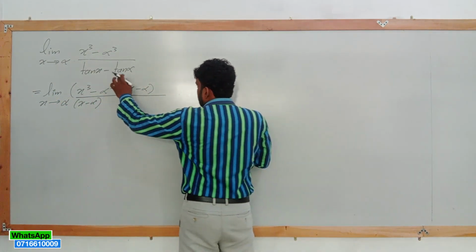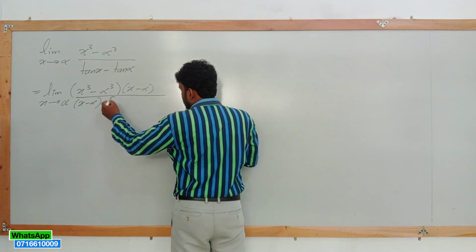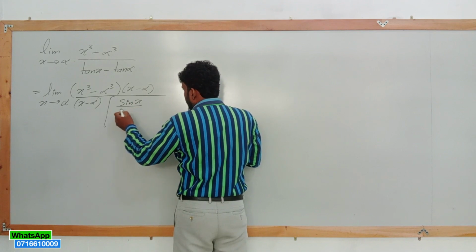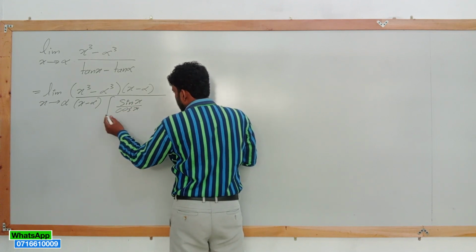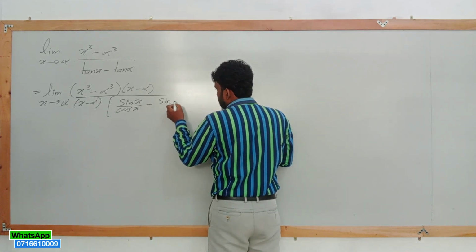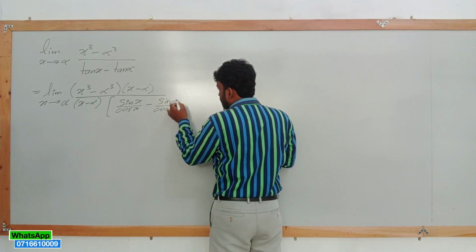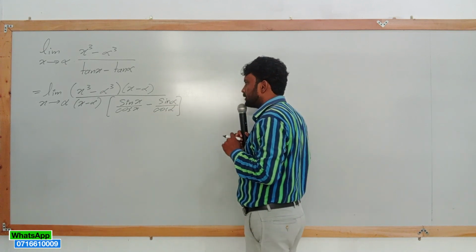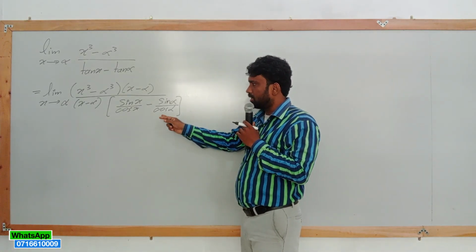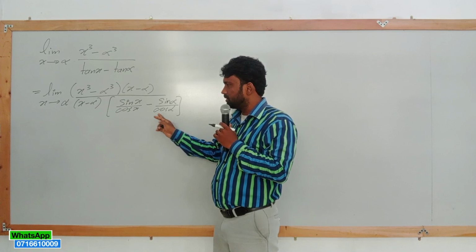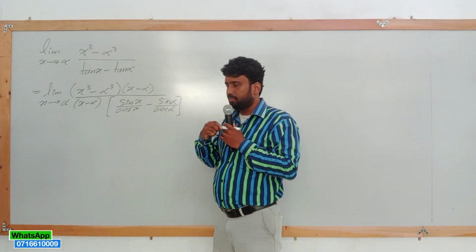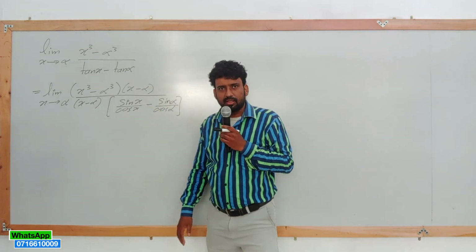What about this one? Tan x, you can write this as sin x divided by cos x, and sin alpha divided by cos alpha. Now you can multiply it up and down by cos x cos alpha, because we need something about sin.